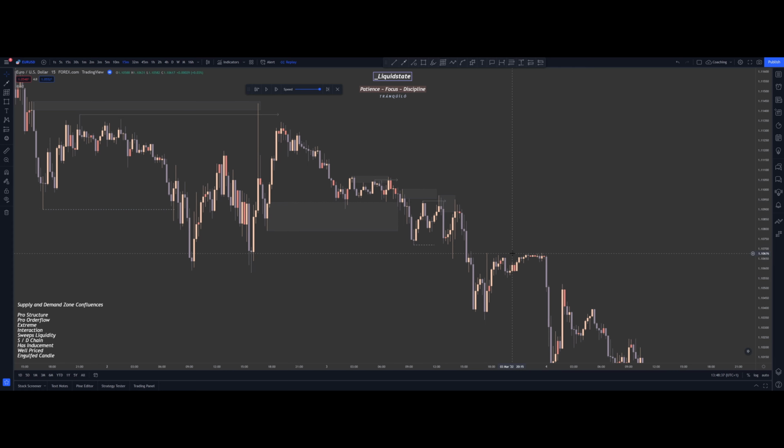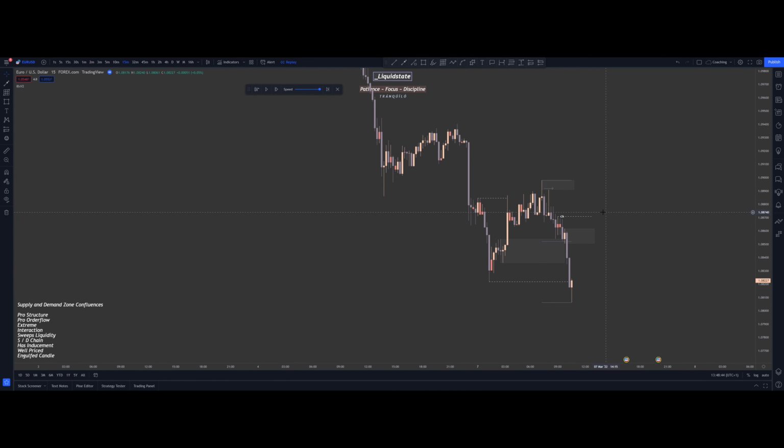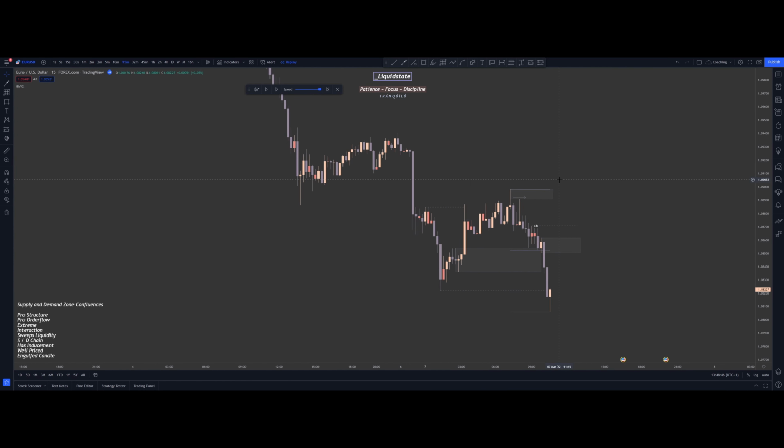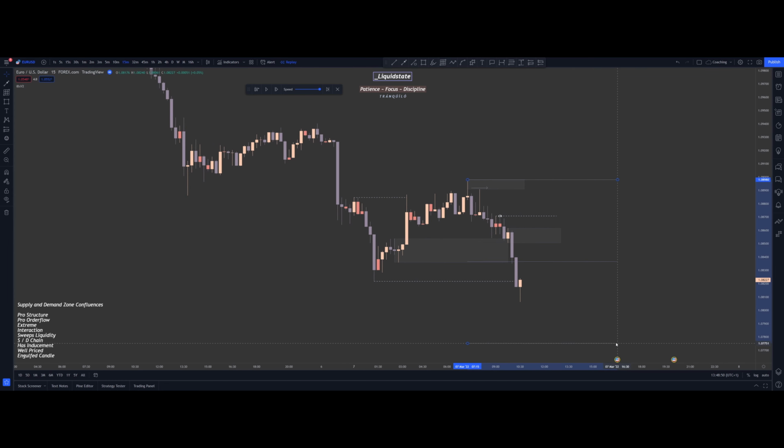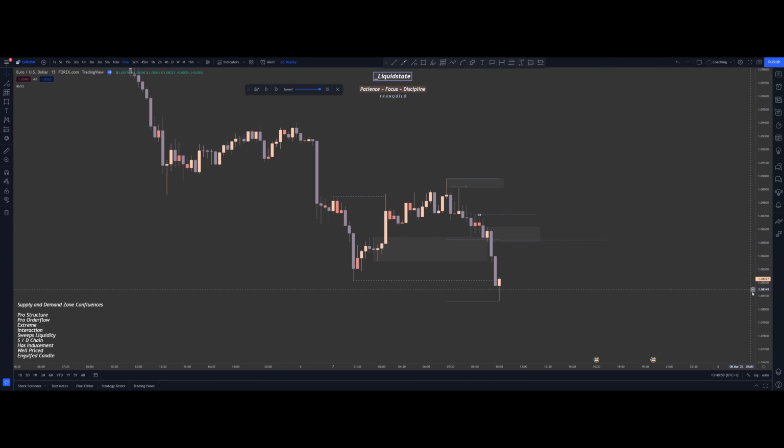Next up, we went over inducement. So pricing: when I'm looking at a leg of price, swing structure or internal structure, I will draw a Fibonacci tool, this one right here with a 50% line on it, and this will tell me the pricing of any trades that I might be taking.